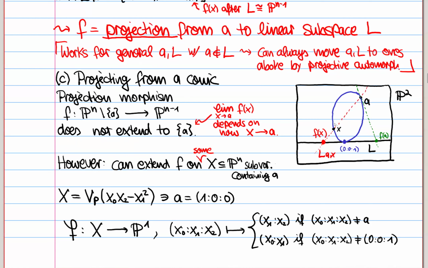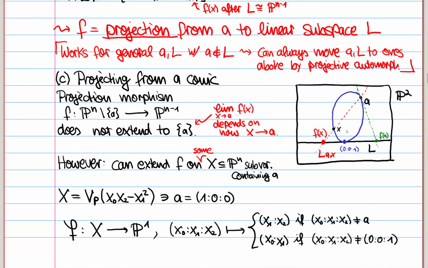The reason is when x moves around, we always have this f of x, but as x starts to approach this A, you see this intersection point really depends on the direction in which we approach A. So if we approach it from different angles, we would get different intersection points.